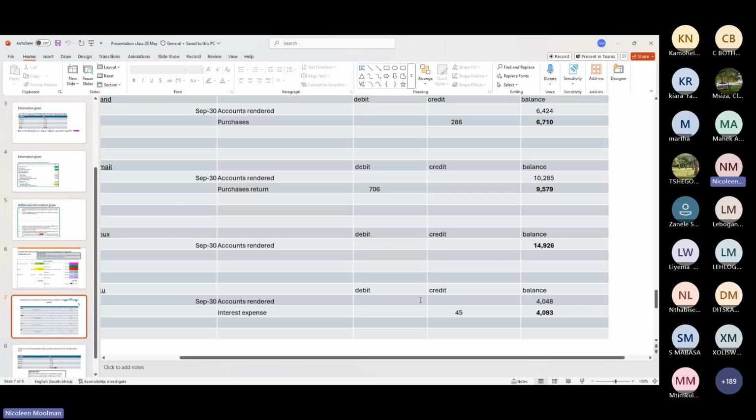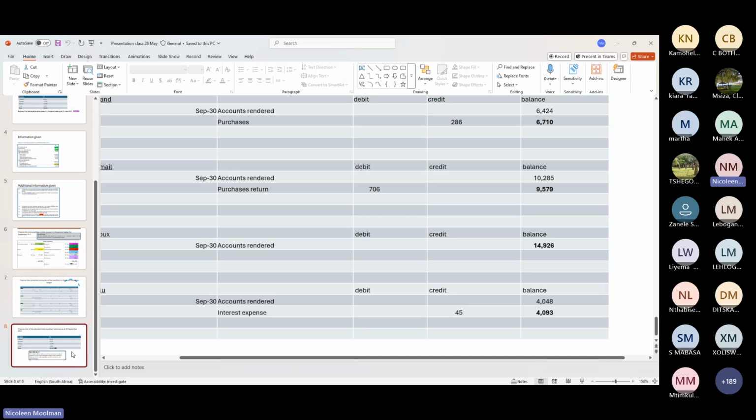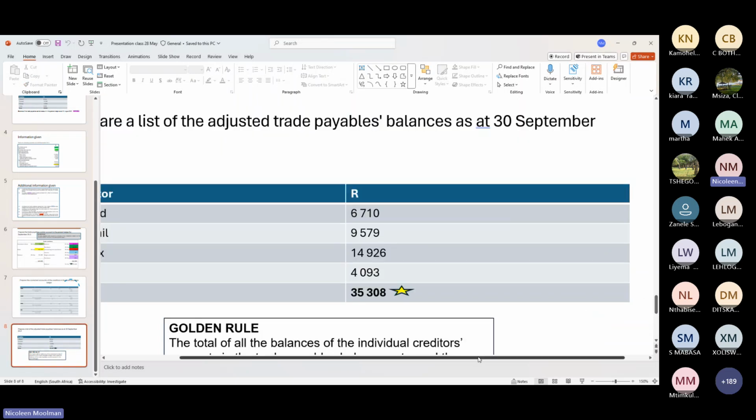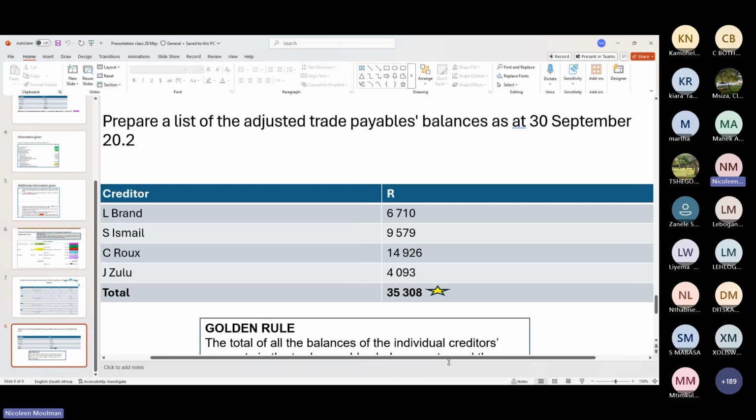Okay. Now that is part B. And then part C, you basically just take all the balances that we did in part B and you summarize it to get your listing correct now.